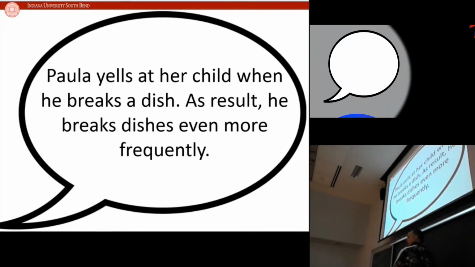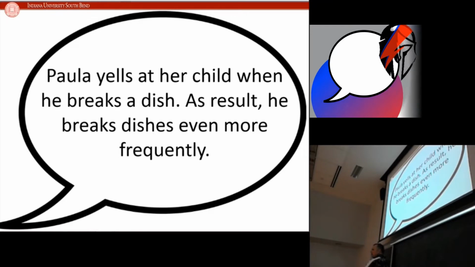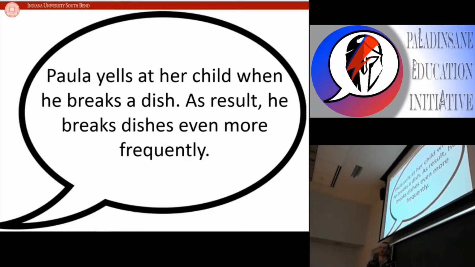So what is the behavior that changed? Breaking dishes. So we have breaking dishes being the only behavior that is indicated to have changed. I'll talk about that in just a second. Has breaking dishes gone up or gone down? Gone up. So breaking dishes has gone up. That means that this is actually reinforcement.